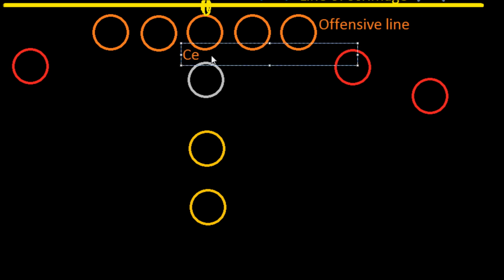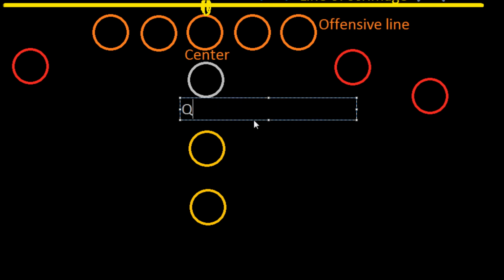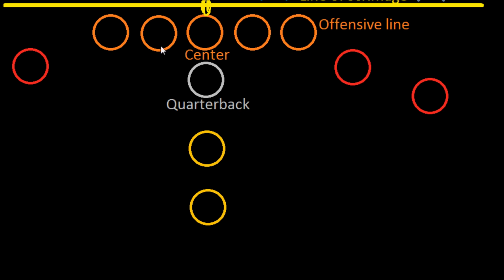The man in the middle is fittingly called the center, and the center is going to be the man who snaps the ball back to the quarterback. So we'll get back to him in a second. The quarterback is the guy there, the gray guy standing behind the center. On either side of the center, we have our other offensive linemen.